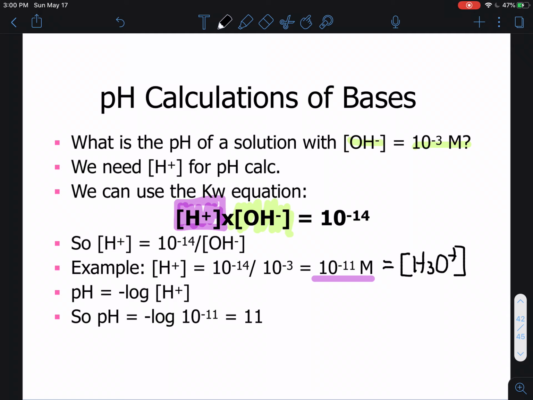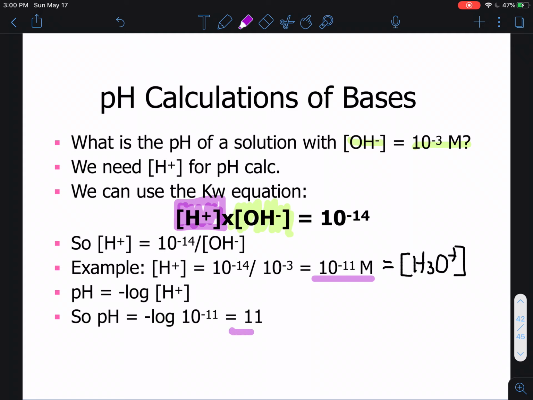So now that we have the concentration of H3O+, we can just plug that into our pH calculation and say pH is equal to the negative log of 1.0 times 10 to the negative 11, which you can easily just say is 11.